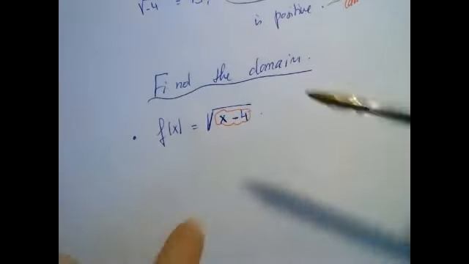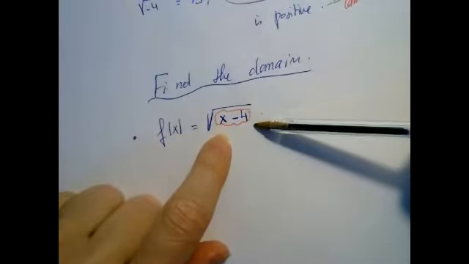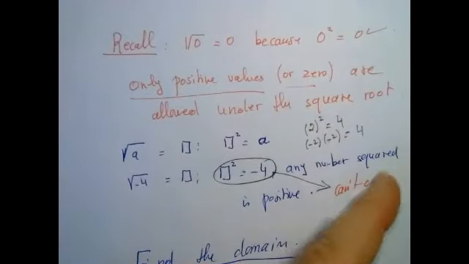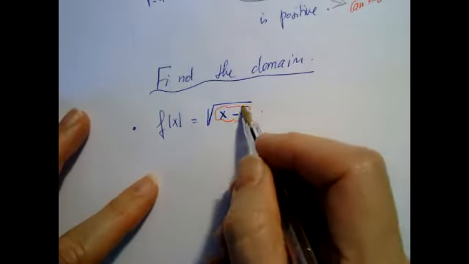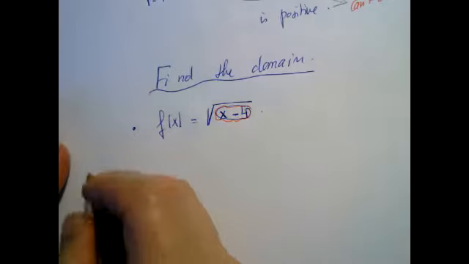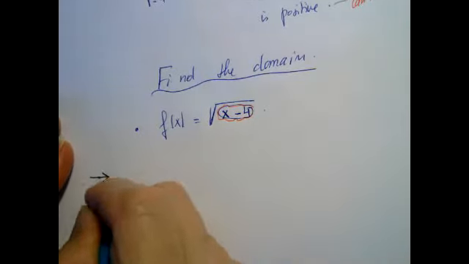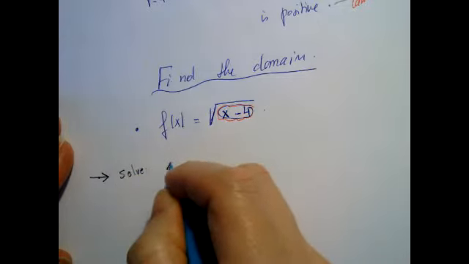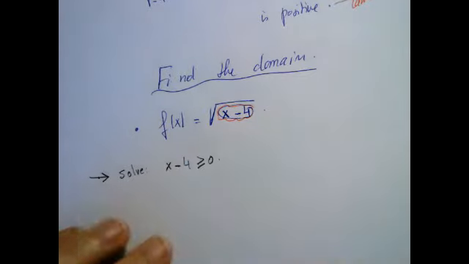So let us see what's the domain. To get the domain here, we need all the values of x. Remember, only non-negative values are allowed under the square root. What we need to find is what are the x's so that x minus 4 is positive.